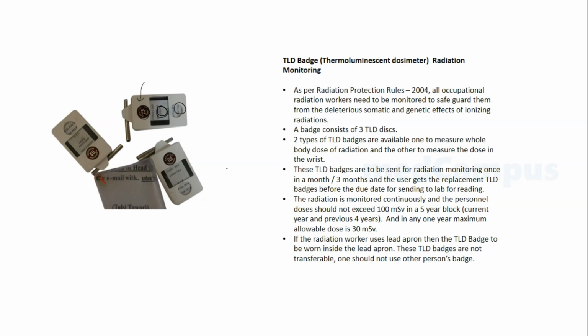They should be body worn or wrist worn, and sent for analysis every month. Each month they asked us to return the badge, and when the returning time was due, we got a new replacement badge. Our used badge is sent to the lab to check the reading. In this way, the radiation is monitored continuously.